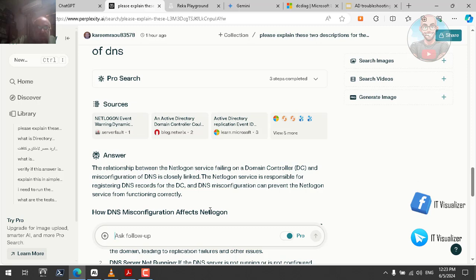Or if there is a misconfiguration, it will not register the computers in the correct DNS server. For example, if it needs to register a computer to a certain domain controller, and this domain controller is not recorded in the DNS correctly, it will not be able to register the computer in this domain controller's DNS records. I think this is maybe a correct answer.